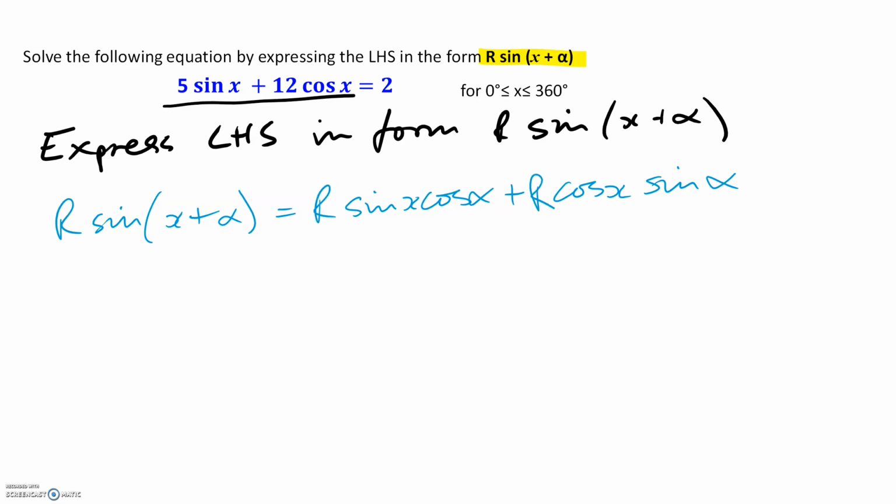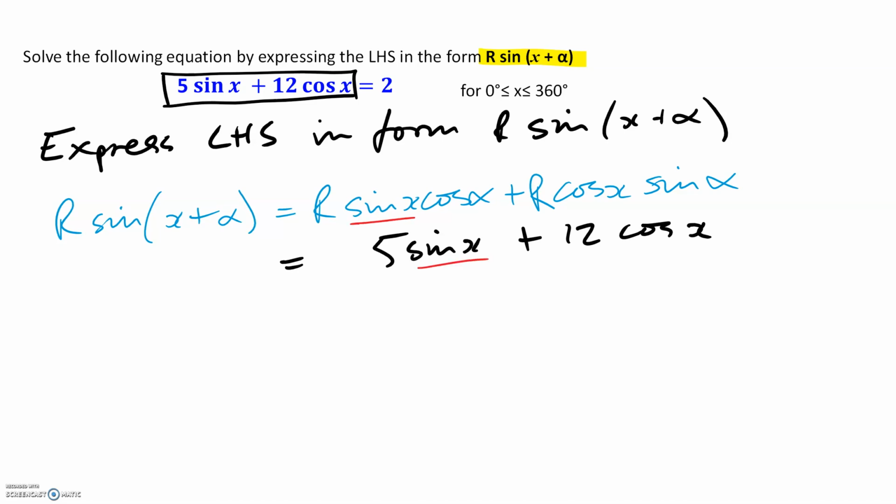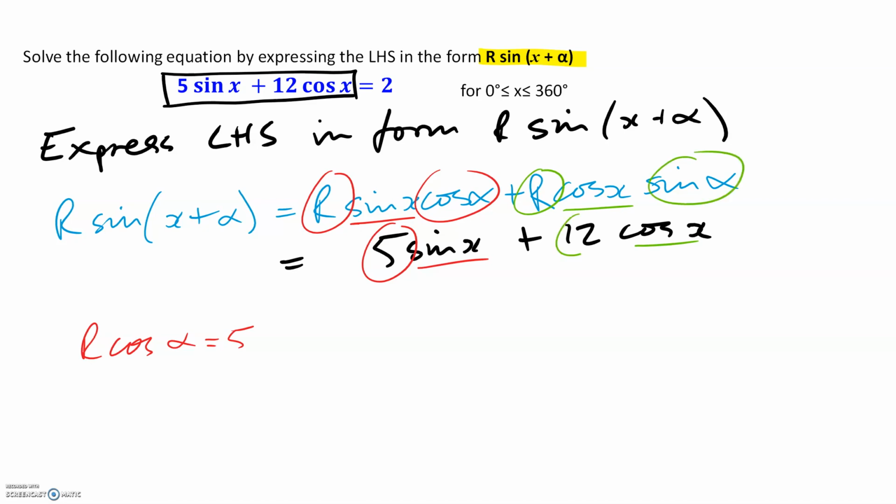And then the left hand side of this here is 5 sine x plus 12 cos x. So sine x and sine x there, so that means r cos alpha equals 5. Write that down, r cos alpha equals 5. In a similar way, we've got r sine alpha equals 12.